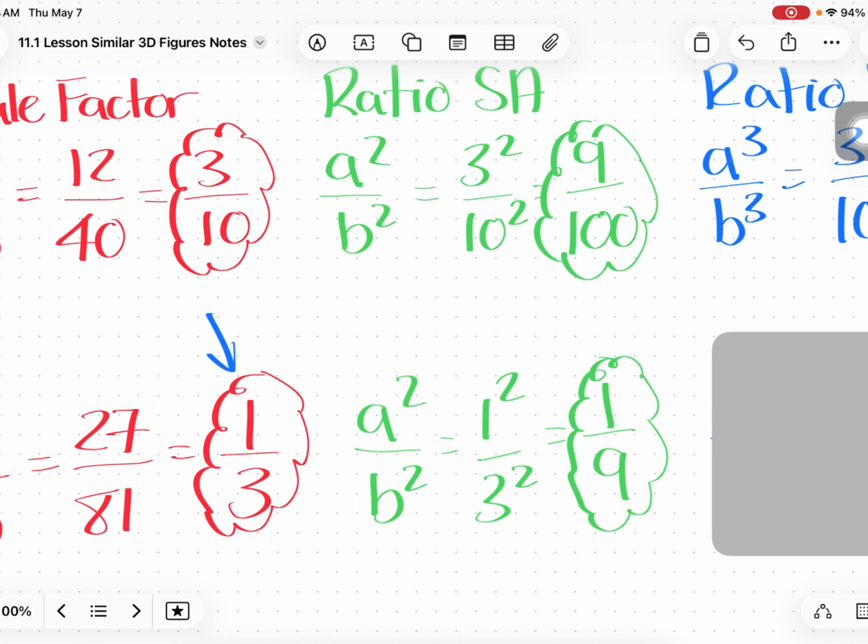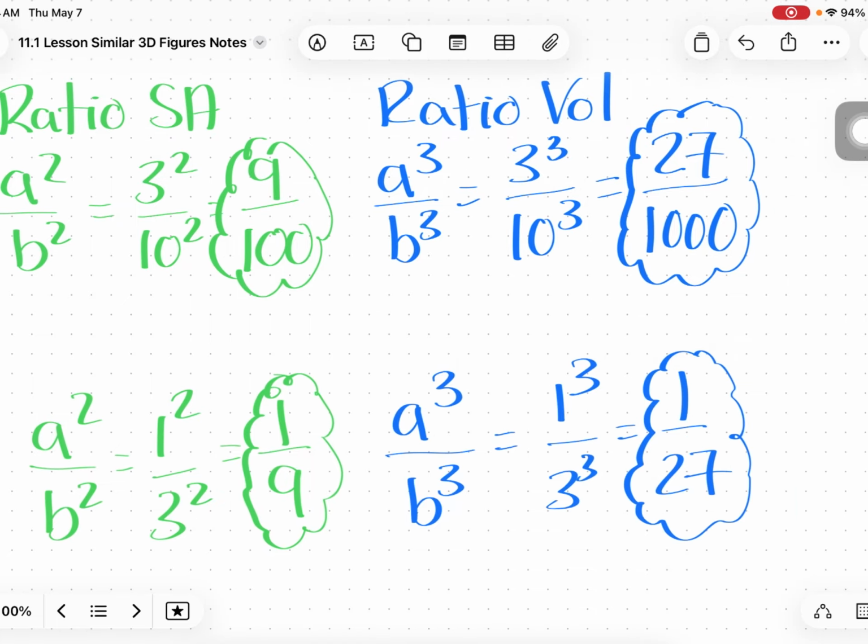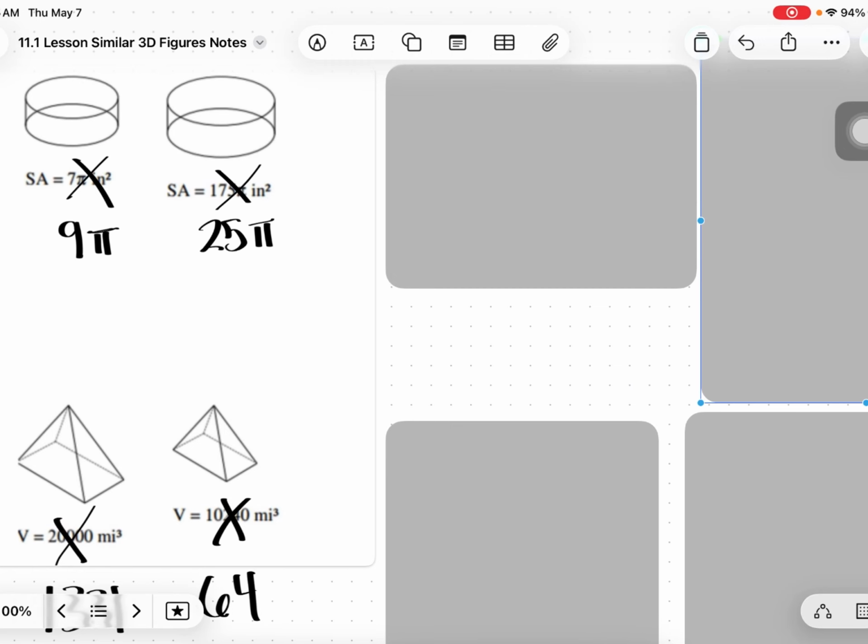So the bigger hexagonal pyramid has a surface area that's 9 times that of the smaller one. And then if we cube those, we're going to get a 1 on top again, because 1 to any power is 1. And you can see that the bigger pyramid has 27 times the volume. It holds 27 times the amount of water as the smaller one.